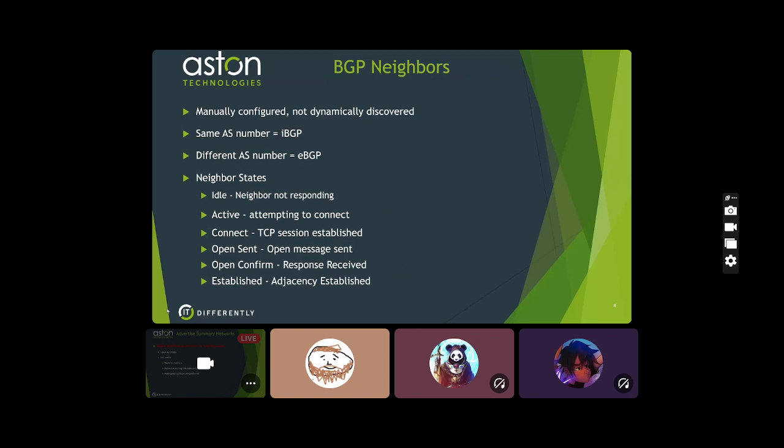The way that you do that is you have the Aspen network here, and we have the Comcast.